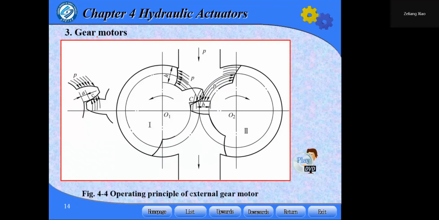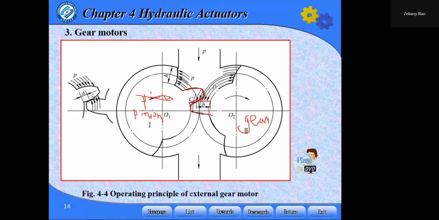So the third one is the gear motor. In the picture, this is the driving gear, and this is the driven gear.